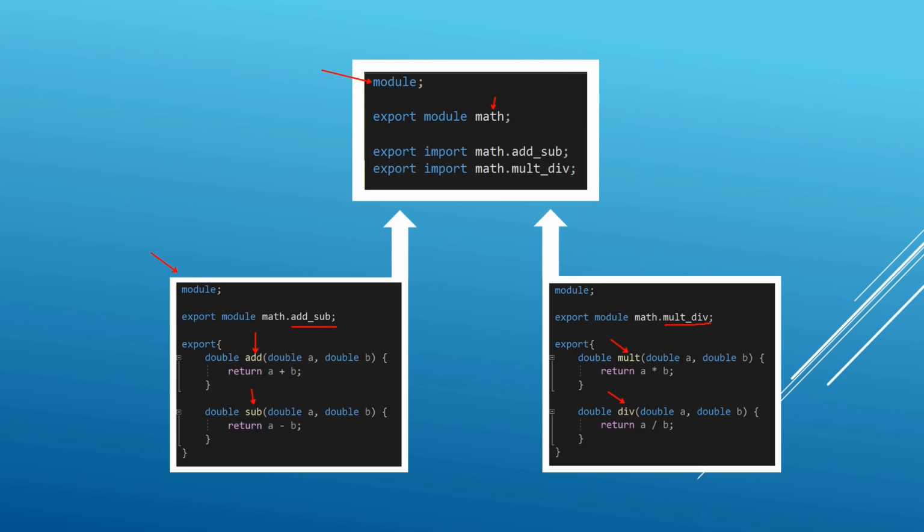But if you only want to use this part here, you have the ability to only import it. If you want to use multi-div, you can import it only, but if you want everything, you can import the math module. And we achieve this by importing these so-called submodules here. This is the setup we are going for in this lecture here.